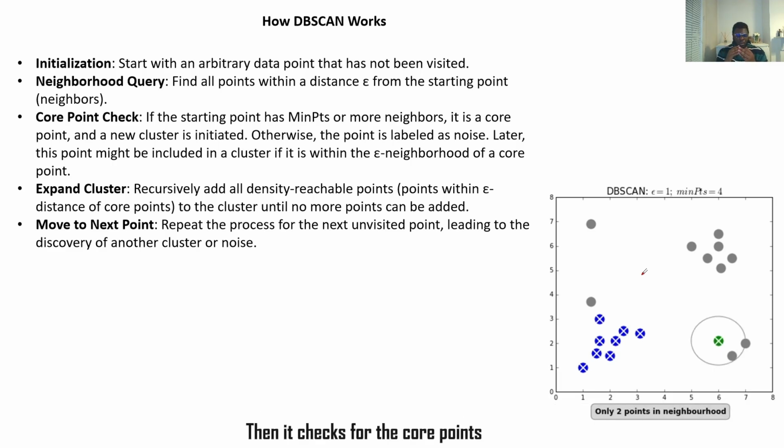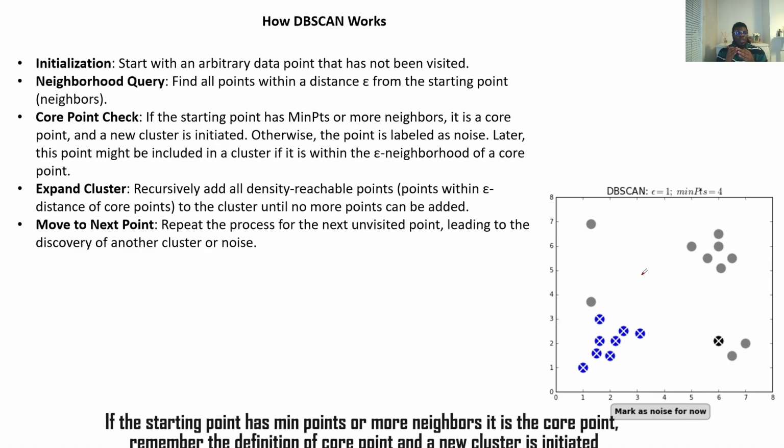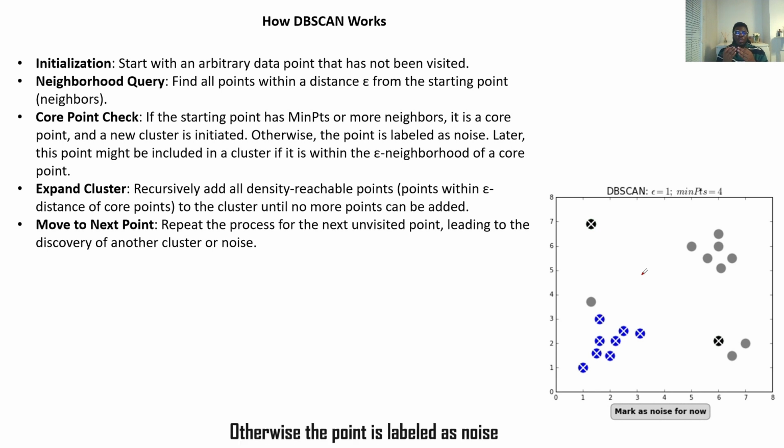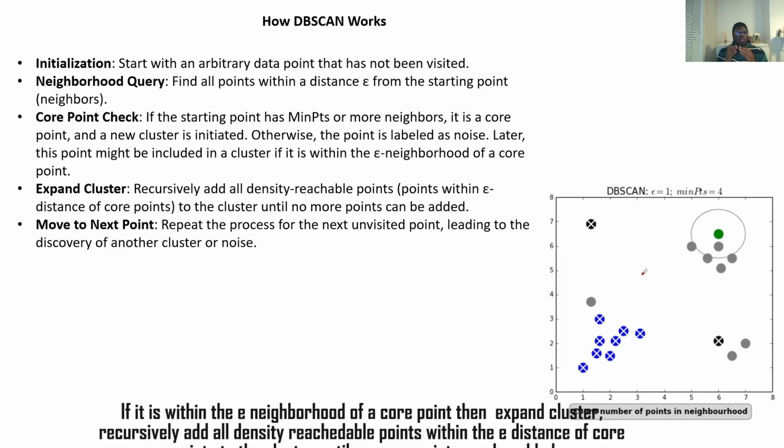Then it checks for core points. If the starting point has min points or more neighbors, it is a core point. Remember the definition of core points, and a new cluster is initiated. Otherwise, the point is labeled as noise. Later, this point might be included in a cluster if it is within the neighborhood of a core point.